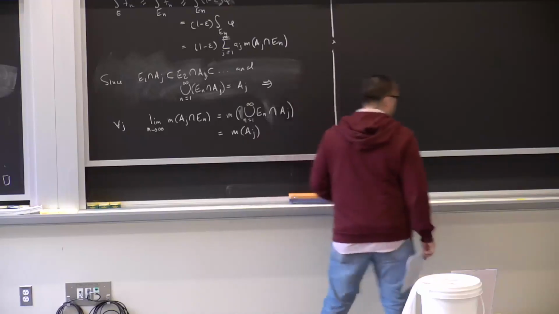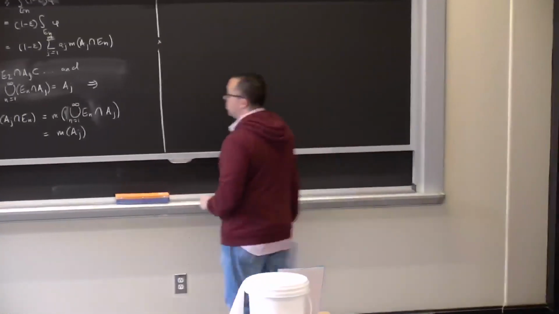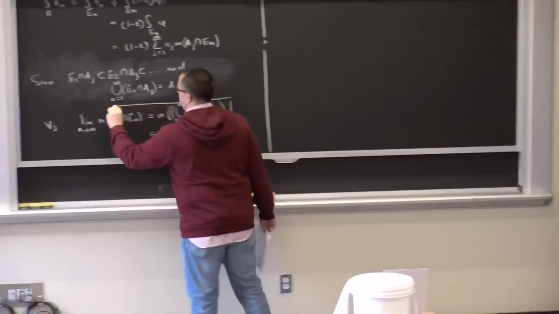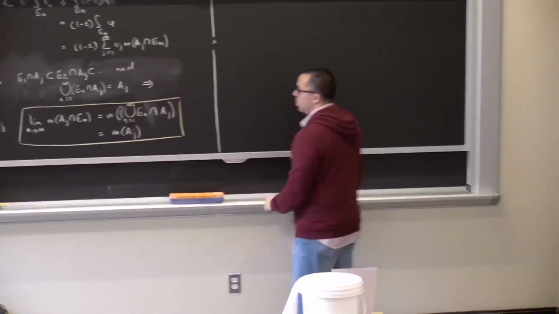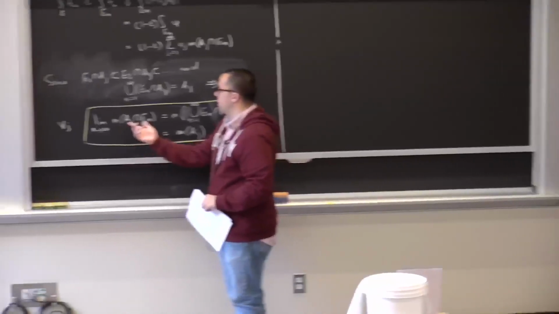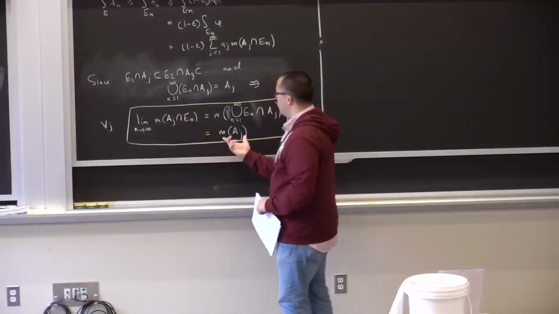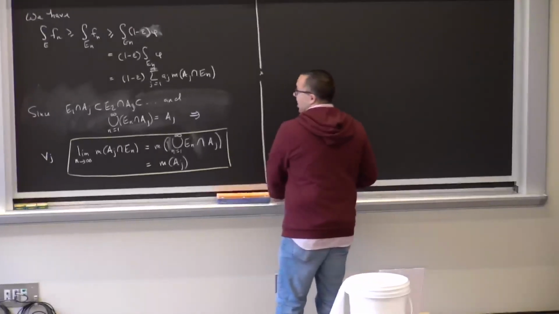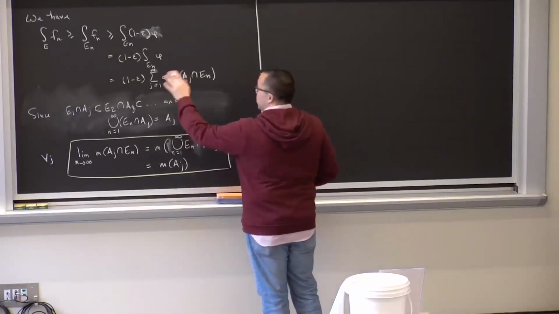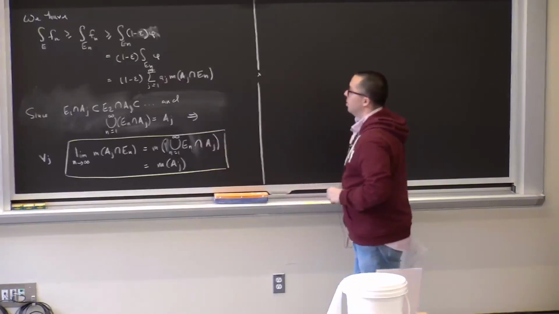Okay? So from the two yellow boxes we had before, we get this useful one. For all j, we have the limit as n goes to infinity of the measure of aj intersect en is equal to the measure of aj. Okay? So now we'll stick this into this inequality after we take the limit.